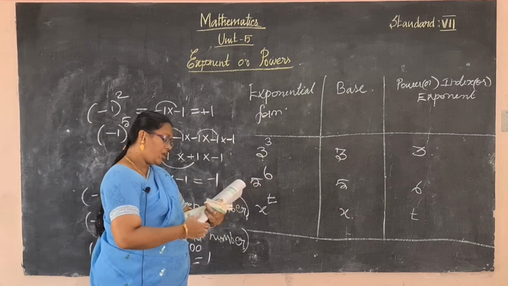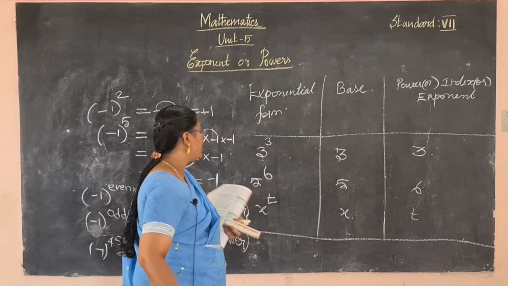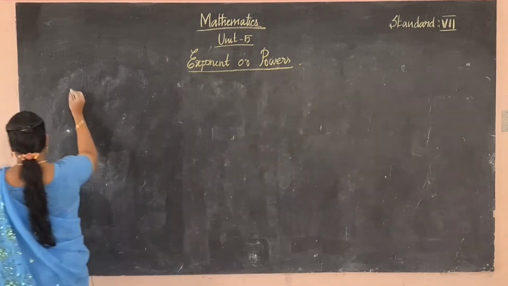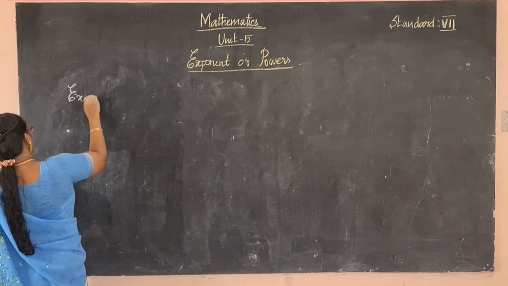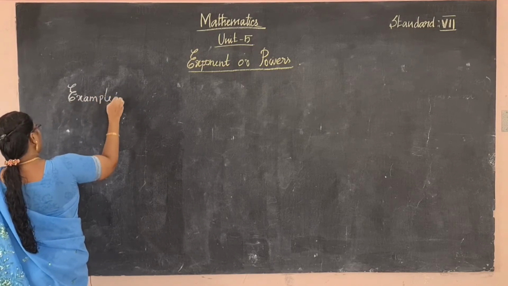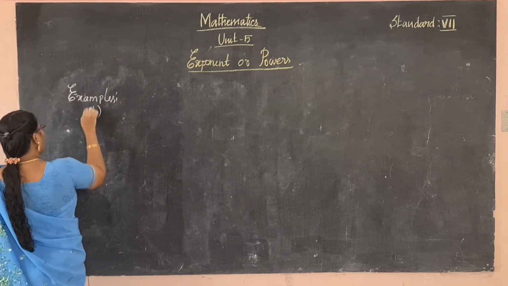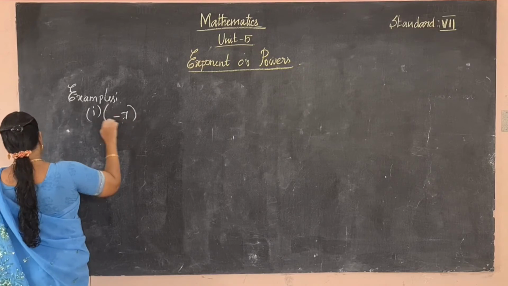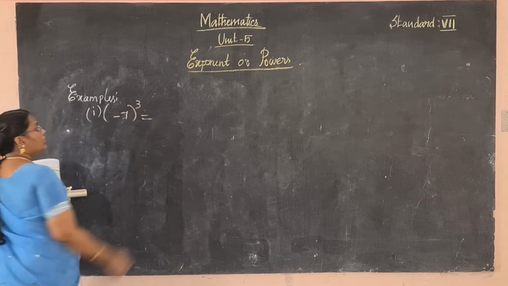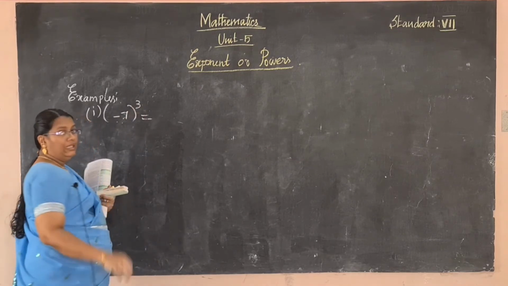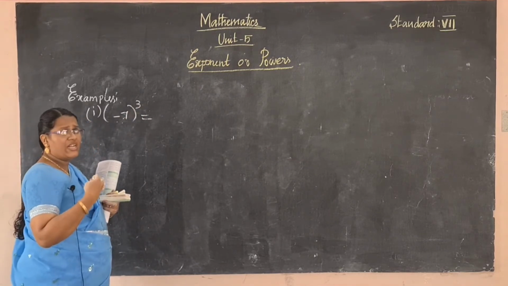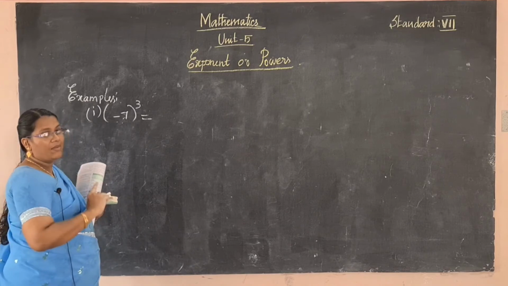Okay. Now move to the book examples. Minus 7 the whole power 3. So what is the value? Minus 7 multiplied 3 times. What is the base value here? Minus 7 is the base value.